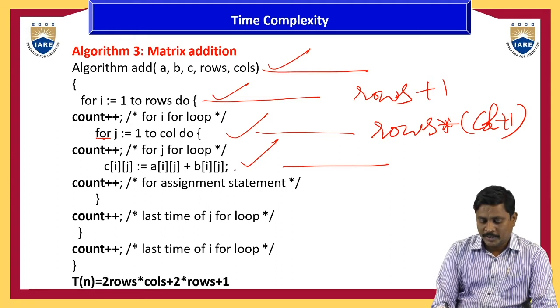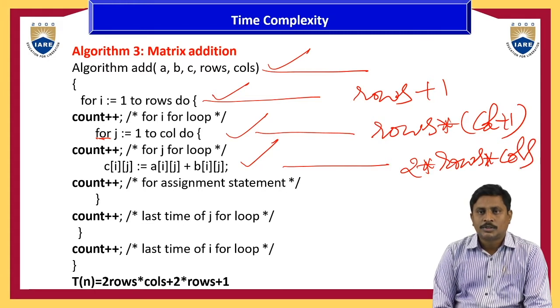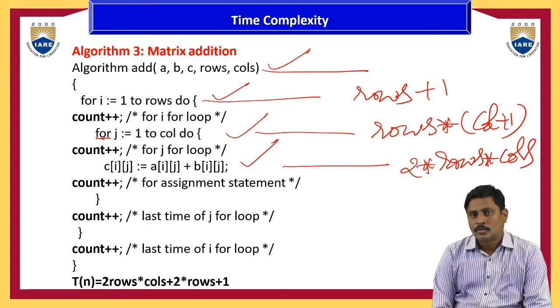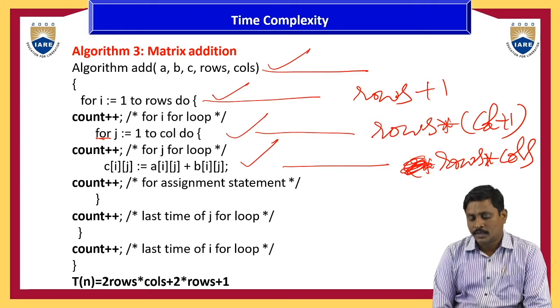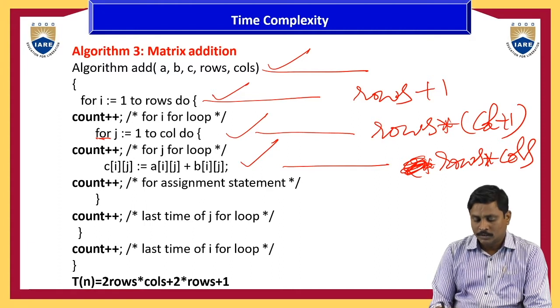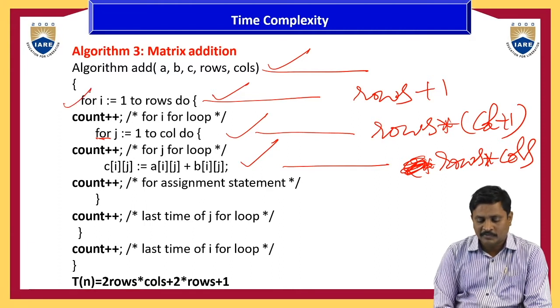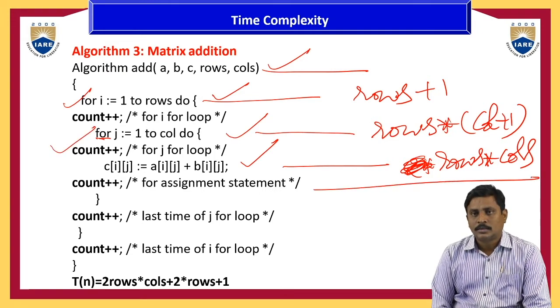So it repeats 2 into rows into columns, otherwise rows into columns times here. We add that one, rows into columns times. So rows times for the first for loop, columns times for the second for loop. Now we add all this.